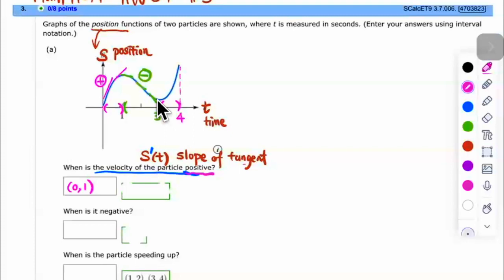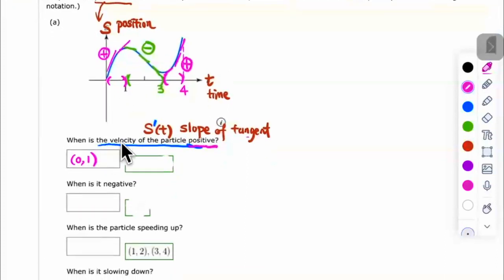From 3 to 4, again, the graph of the position function is increasing and the slope of the tangent is positive. You draw the tangent lines here and they are rising from left to right. So when is the velocity of the particle positive?